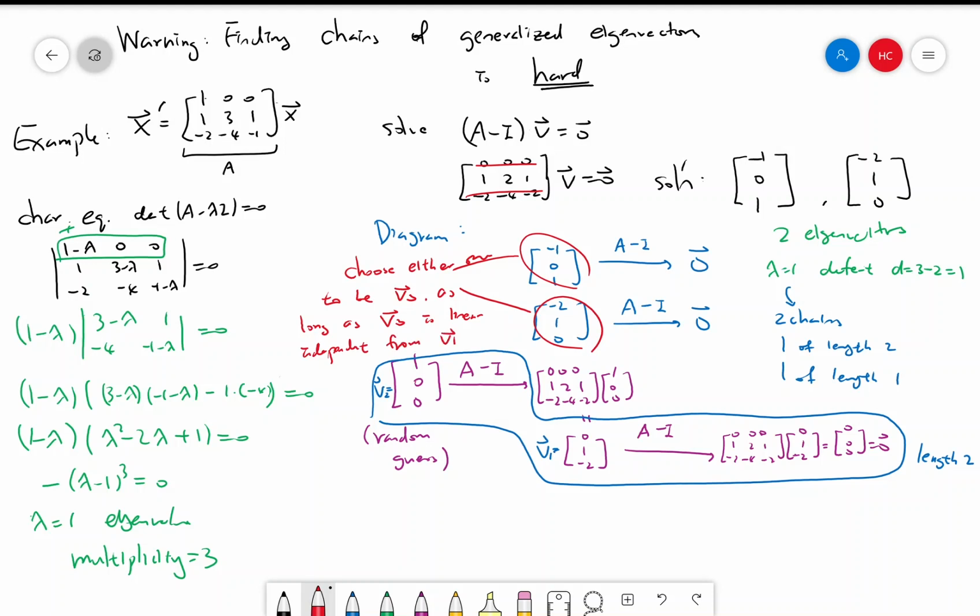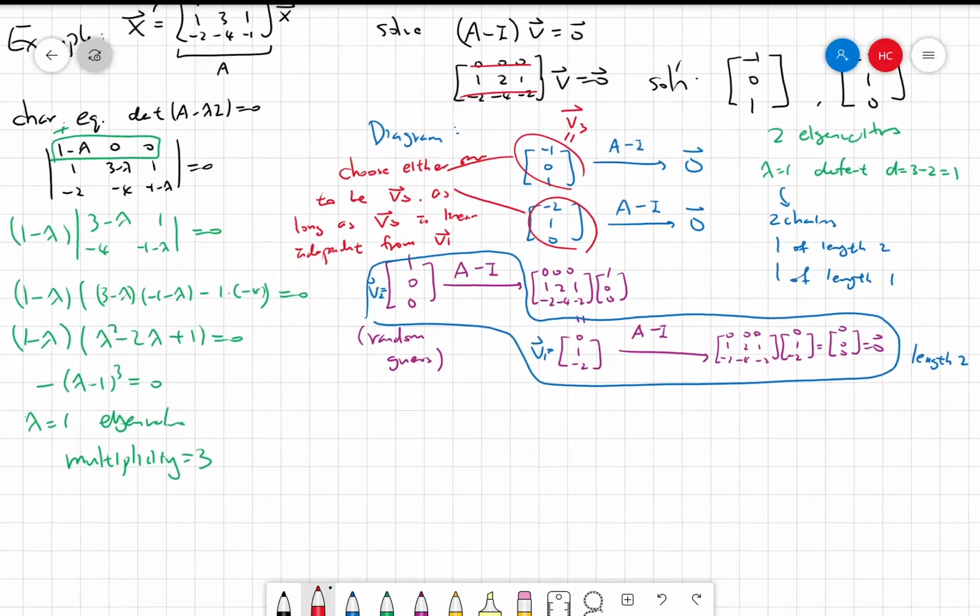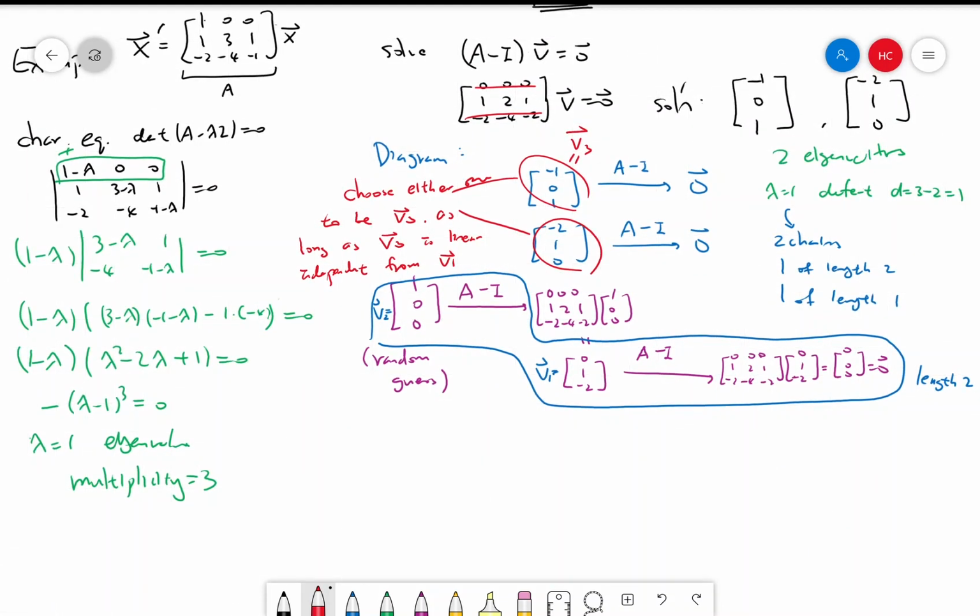Because it's just one vector, all we need to do is make sure that V3 is not parallel to V1. And in this case, neither of them is parallel to V1, so we can choose either one to be V3. So we're just going to choose the first one to be convenient. It's fine if we choose the second one, that's alright. Alright, so we have our V1, V2, and V3 ready.